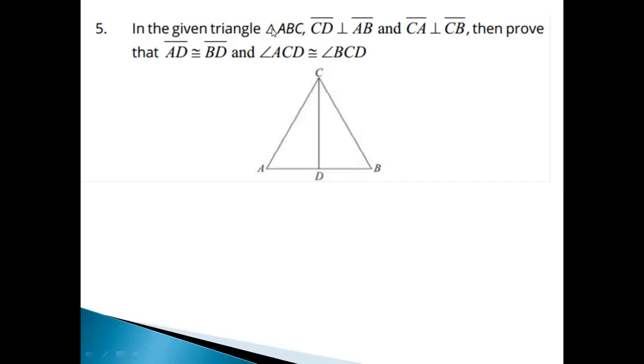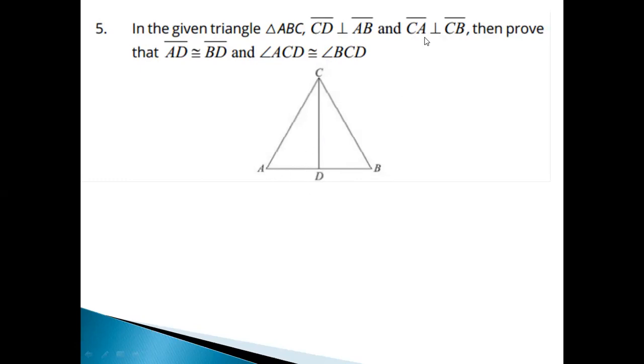In the given triangle ABC, CD, this is the symbol of perpendicular. This symbol is called perpendicular. So CD is perpendicular on AB. Look at this figure. CD perpendicular on AB.